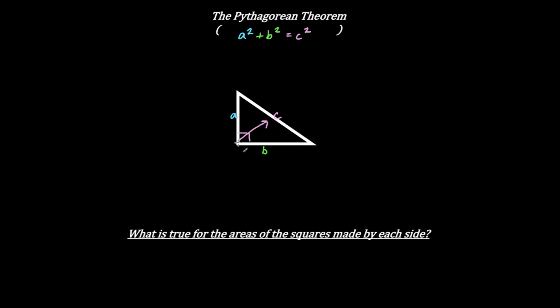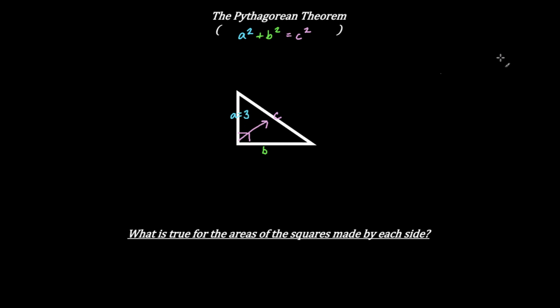A can be too long and A can be too short. B can be too long and B can be too short. If you make B much longer here, then it just wouldn't fit. Same with C. So A, B, and C cannot be any numbers, but they can be certain numbers. I'm going to give you some numbers that work.